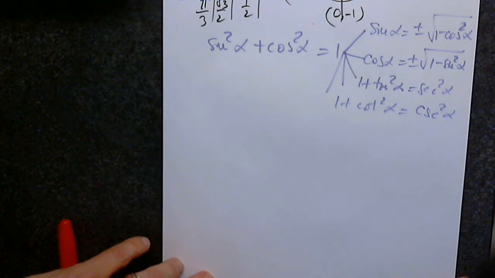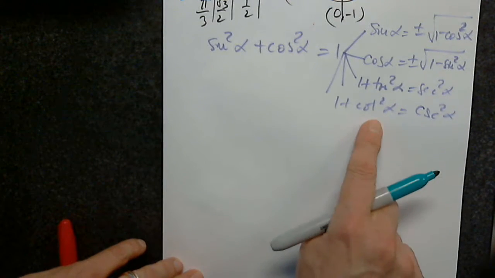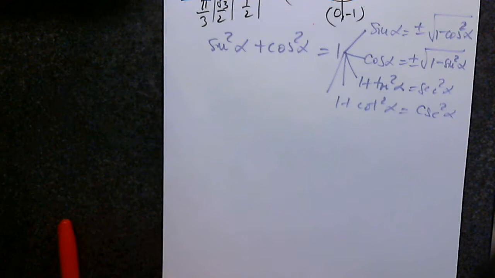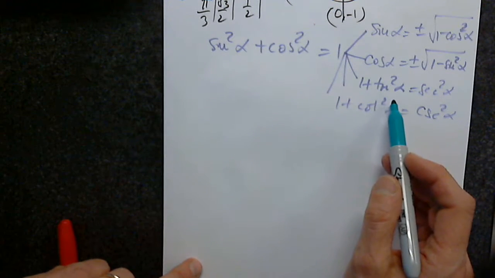Any questions? 1 plus tangent squared equals secant squared, 1 plus cotangent squared equals cosecant squared. Yeah, but I'm going to write it in terms of equal to 1. I think that's better. But then you have secant squared minus tangent squared equals 1.